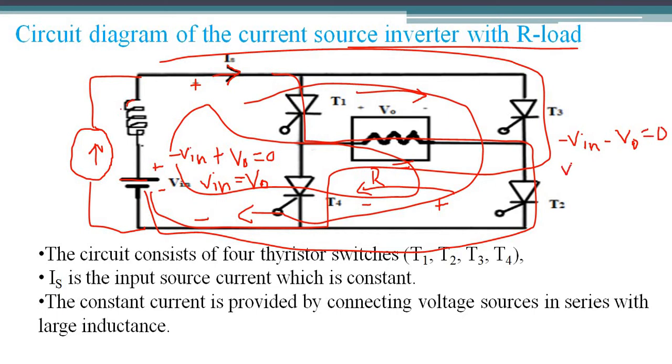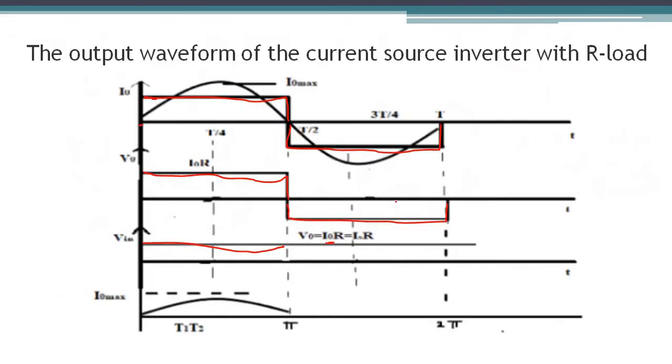So Vin is equal to minus V0. Since V0 is negative here, minus V0 becomes positive, so Vin is positive also during T by 2 to T. So Vin is always positive and Is is always constant.